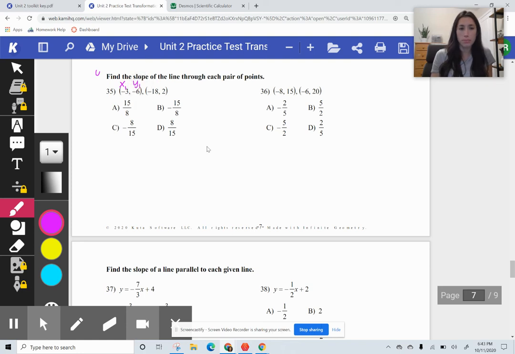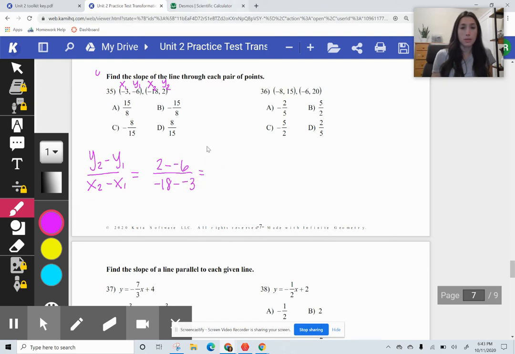It's my first coordinate. x sub 2, y sub 2, my second coordinate. So remember, y2 minus y1, all divided by x2 minus x1. So for our y2, I'm going to use 2 minus negative 6, and that's going to be all divided by negative 18, our x2, minus x1, negative 3.